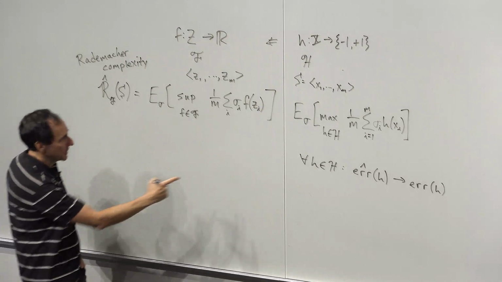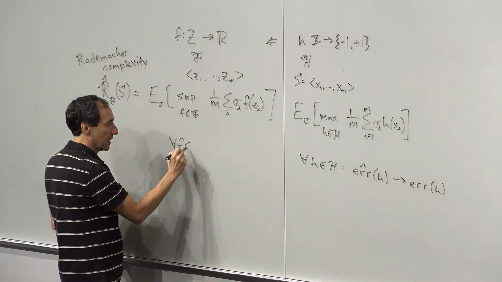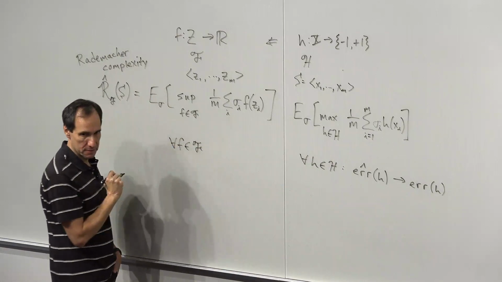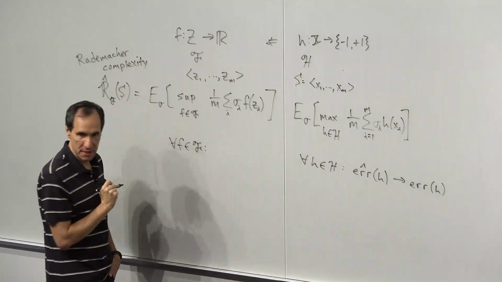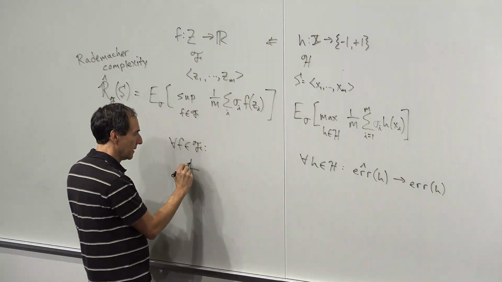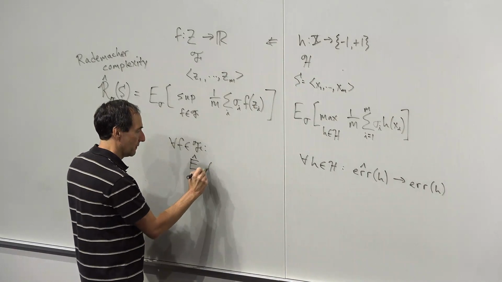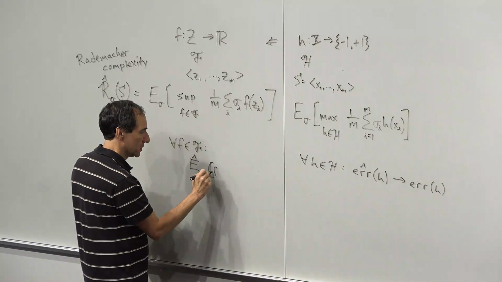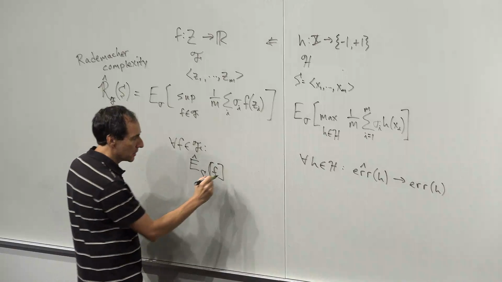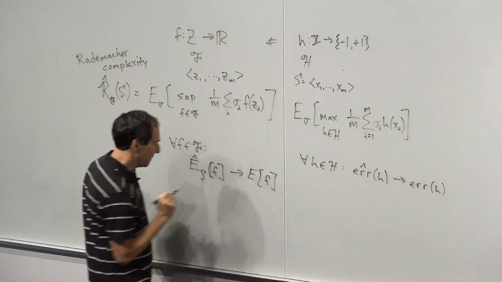So the kind of thing that we want to prove in this setting is a result that says that for every function in this class, or with high probability for every function in this class, the empirical average of f, of any function f, should converge to its expected value. What do I mean by this notation?